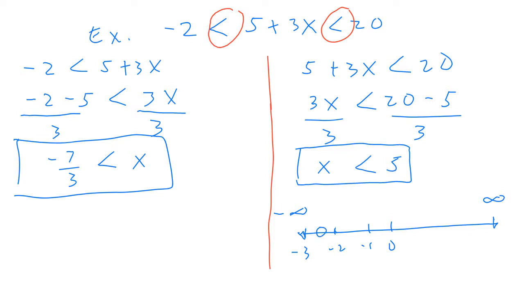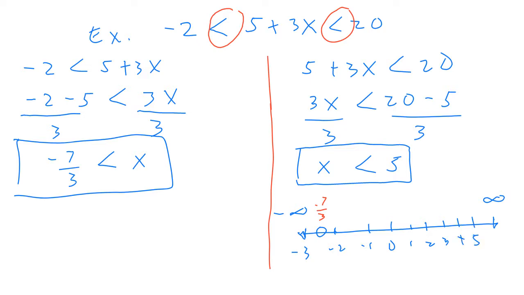Let's label that in a different color, negative 7 over 3. And it says negative 7 over 3 is less than x, so it's going to the right. And the other value is 5. So we're looking at 1, 2, 3, 4, 5.